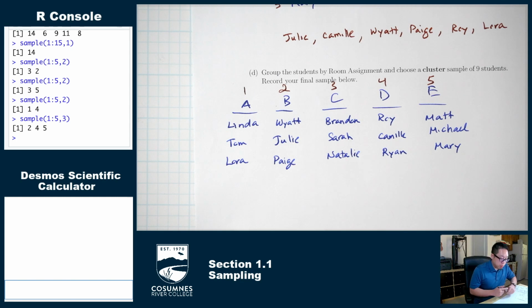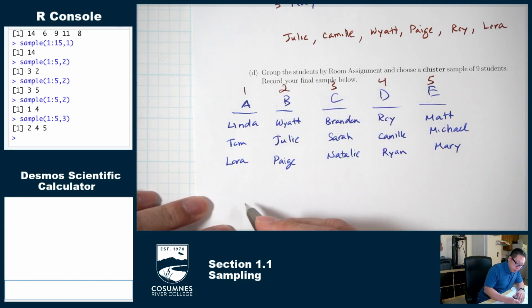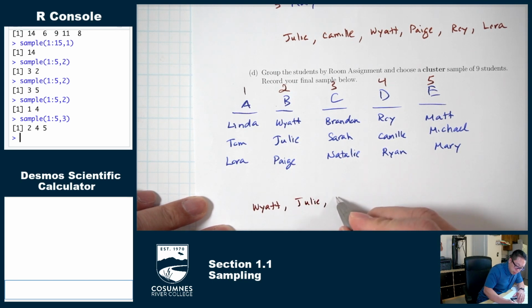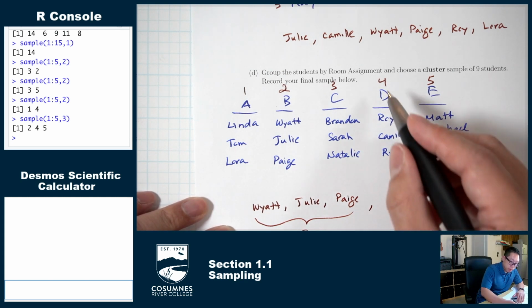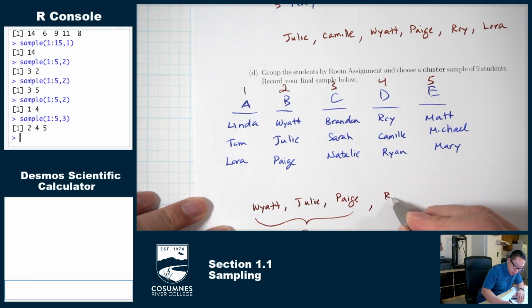So my sample is going to be everybody in group 2. So that's Wyatt, Julie, and Paige. Okay, these are all from group B, or room B. Then 4, which is room D. So this is Roy, Camille, and Ryan, sorry.